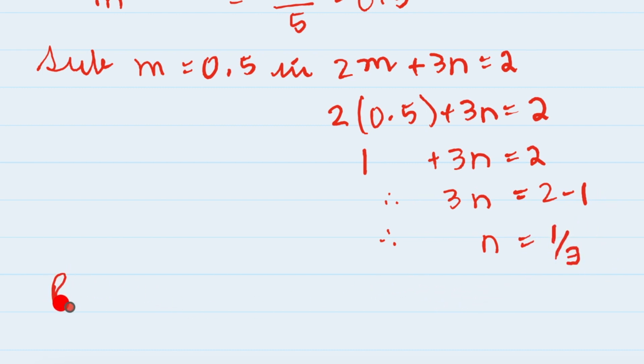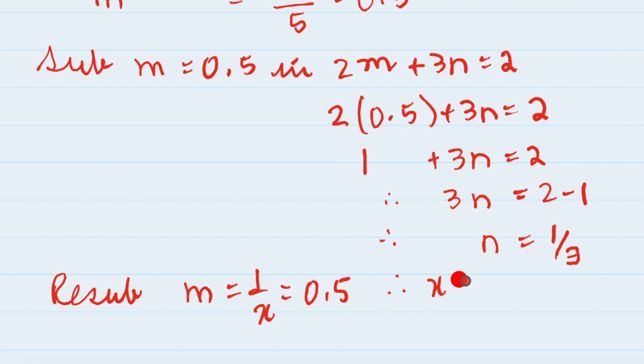Okay, now we will say resubstituting, m equal to 1 upon x equal to 0.5. Therefore x will be equal to 1 upon 0.5, means 10 upon 5, correct?